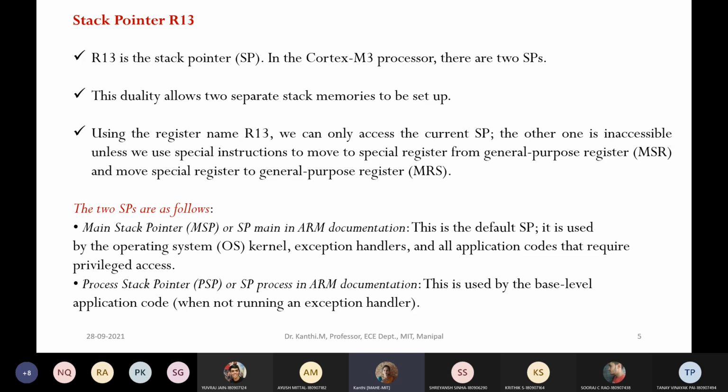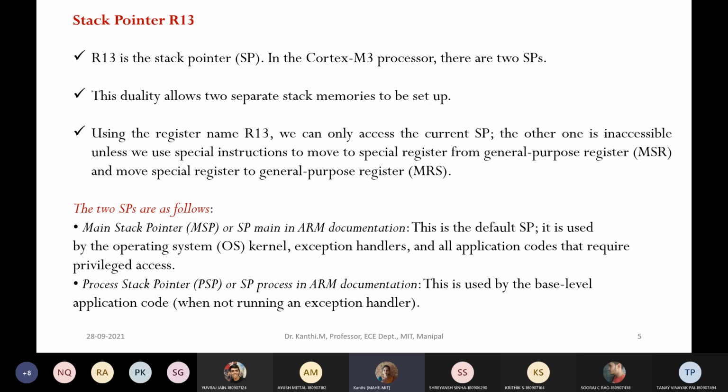So stack pointer, there are 2 stack pointers, as I just mentioned. One is used as the general purpose stack pointer, that is this R13, which we can access as the current stack pointer, and we can use special instructions to move between special registers and general purpose registers.